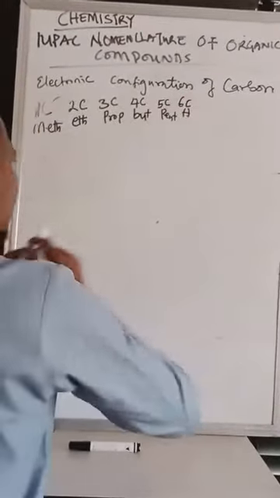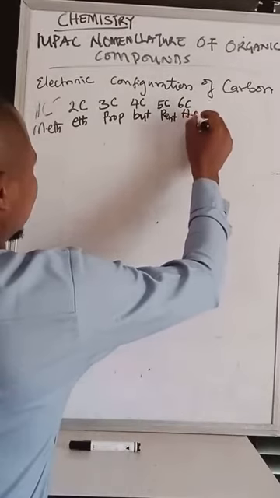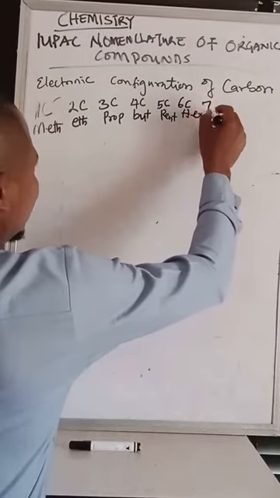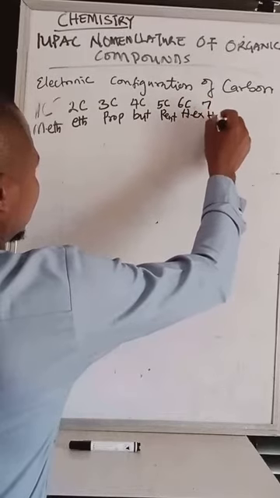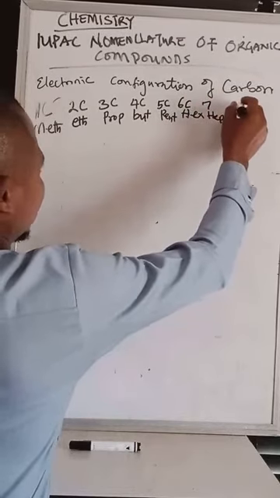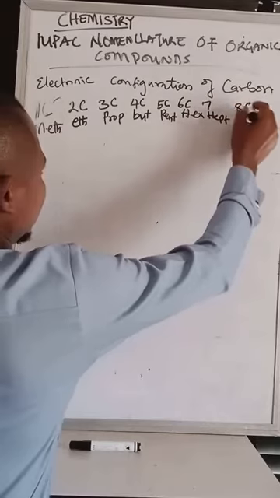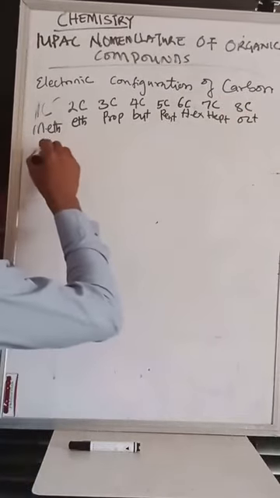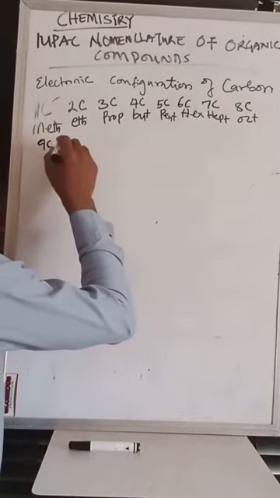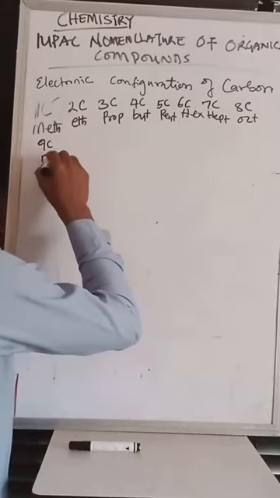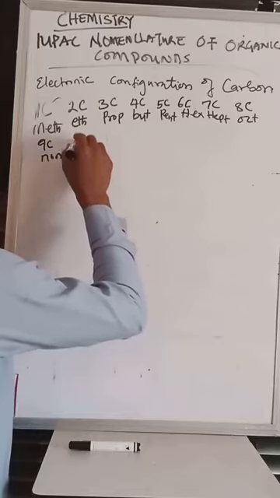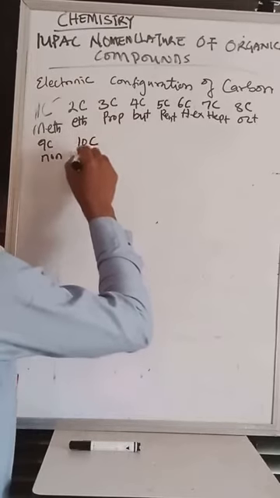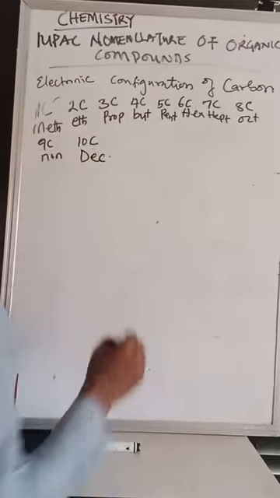H-E-X. 7 is hept. 8 is oct. 9 carbon atoms is non, and 10 carbon atoms is dec.